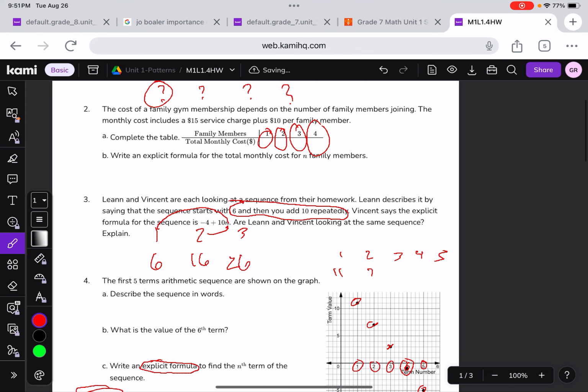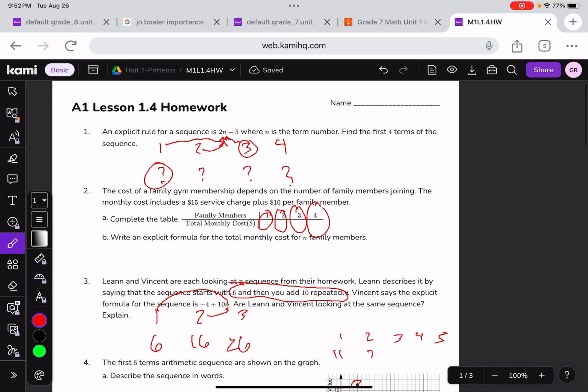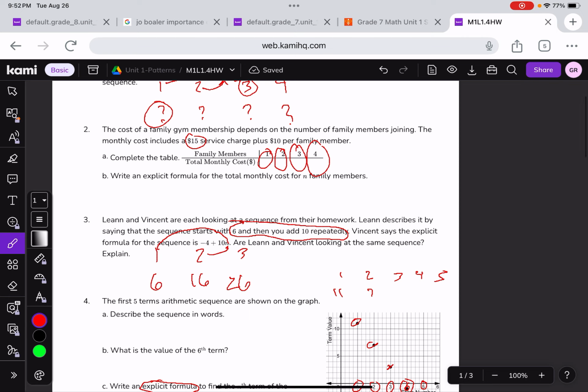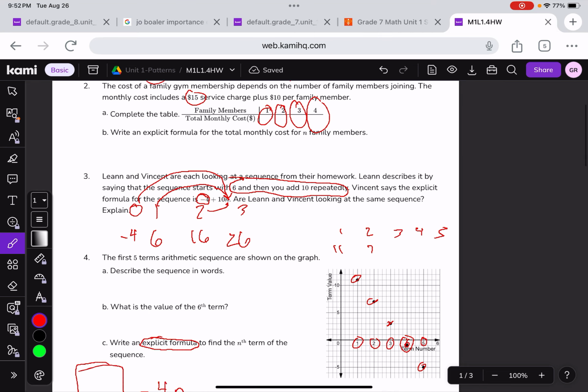Like up here, the starting point, believe it or not, was kind of at -5. Here, our starting point was kind of at 15. Right here, our starting point, we didn't know this, but it's kind of at -4. Even though our starting point was at 6, technically our starting point would have been -4, because 10 times 0, if I would have plugged in 0, right? So we can start at 0.